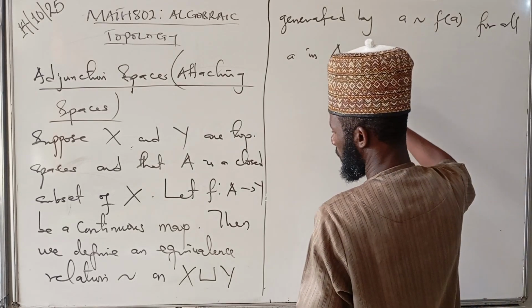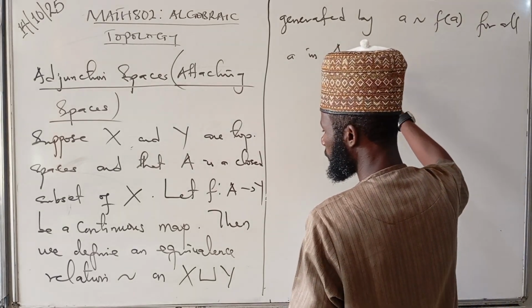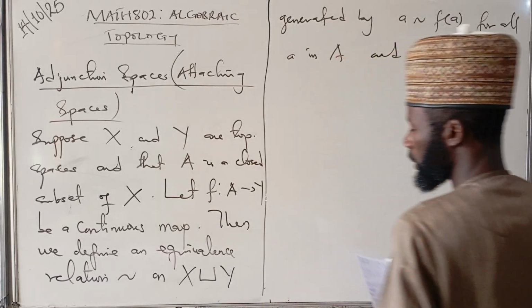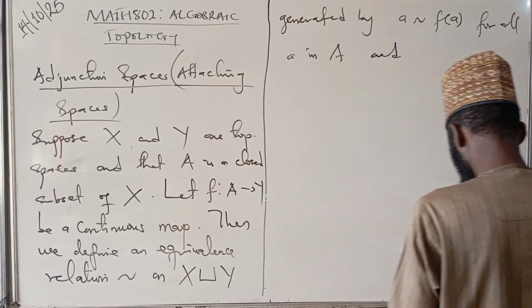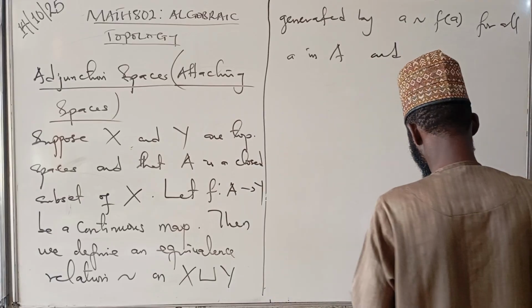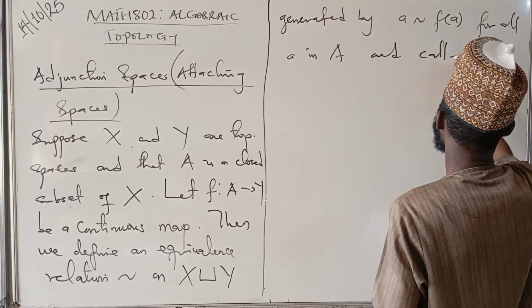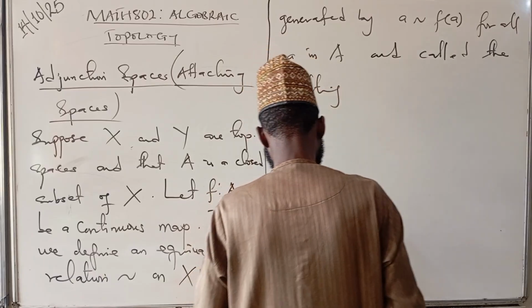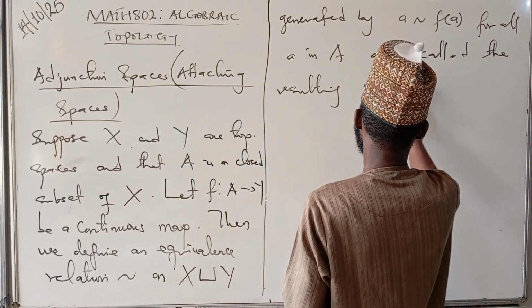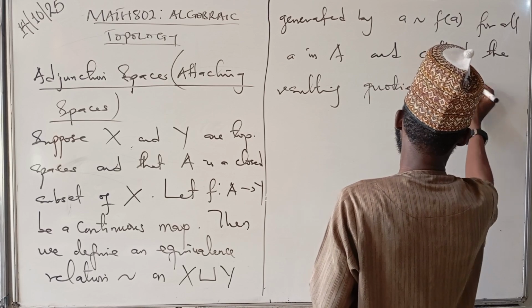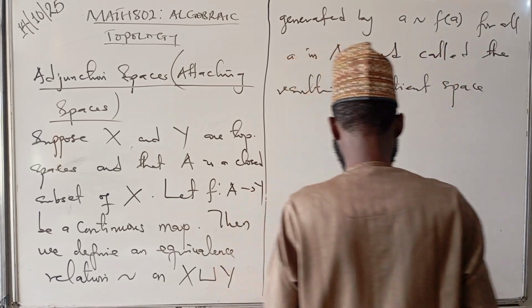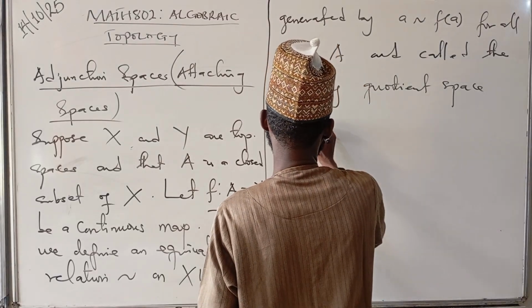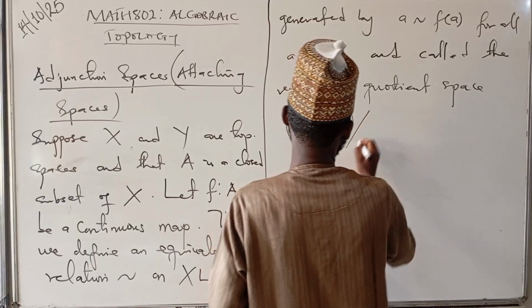So with this, we define this equivalence relation and call the resulting quotient space X union Y by tilde.